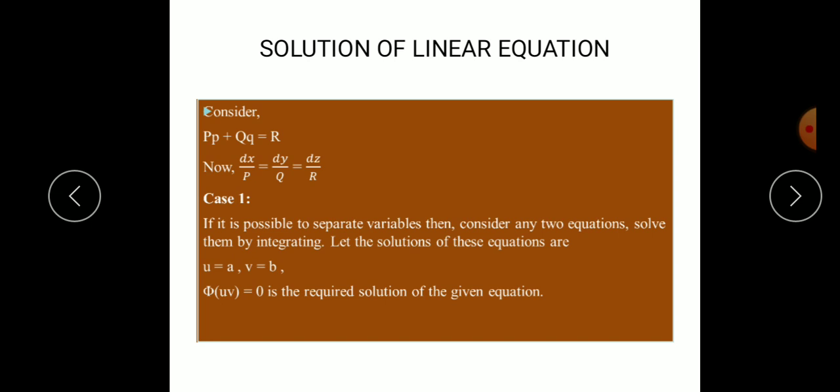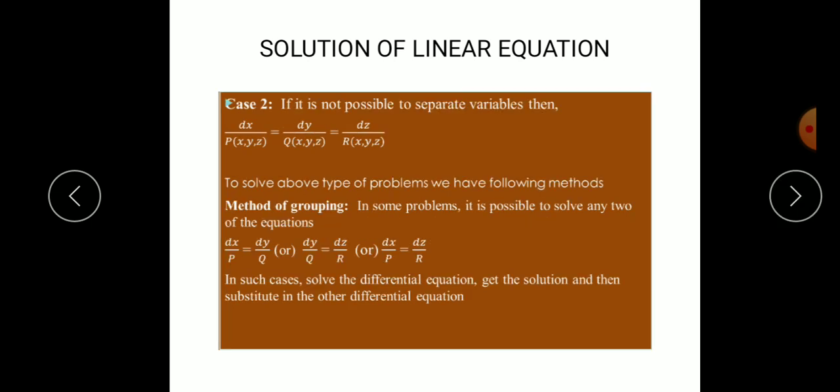So lastly its general solution is given in any of the following three equivalent forms, which are phi of u, v equal to 0, or you may write u is equal to phi of v, or v is equal to phi of u.